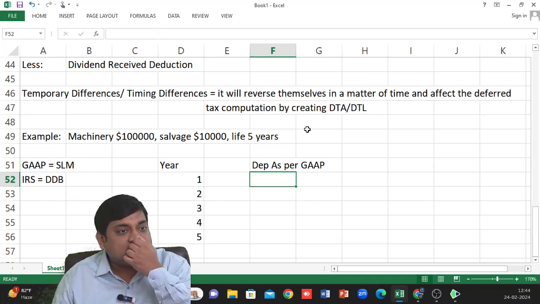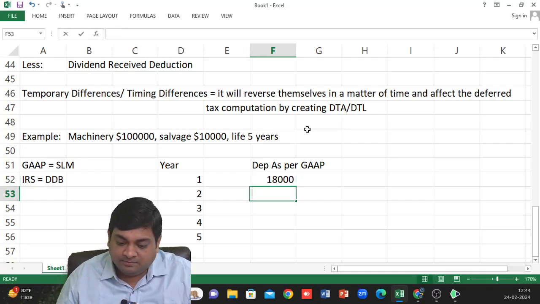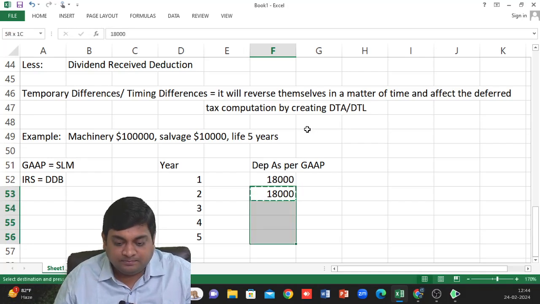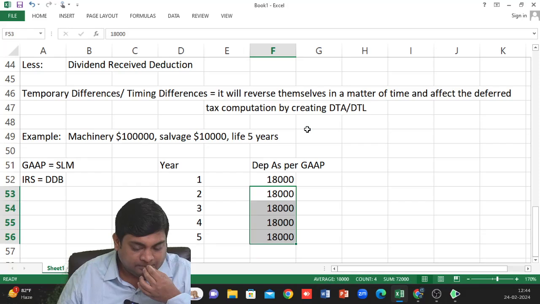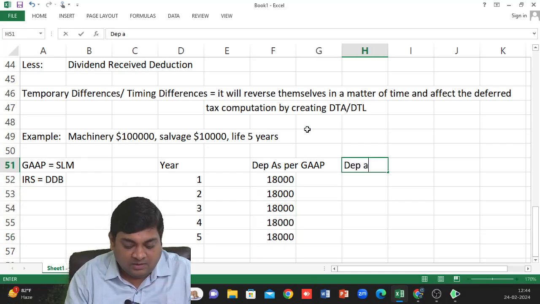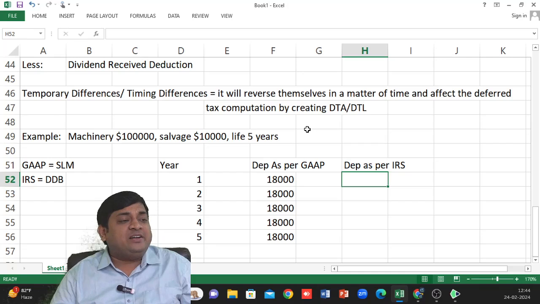$1 lakh minus 10,000 by 5, that is 18,000. 18,000 depreciation as per GAAP. Now depreciation as per IRS. DDB percentage is 1 by 5 into 2, yes or no?